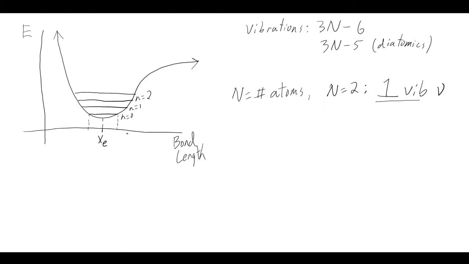Because this x-axis is the bond length. Xe here is the equilibrium bond length. So maybe for nitrogen or whatever, this is the equilibrium bond length here. But when it's vibrating at this certain characteristic vibrational frequency, how far apart are the atoms actually moving? Okay? And this shows you they're getting this far apart.